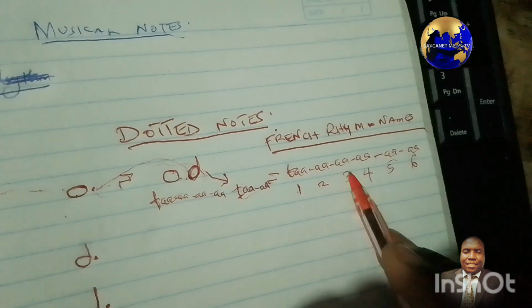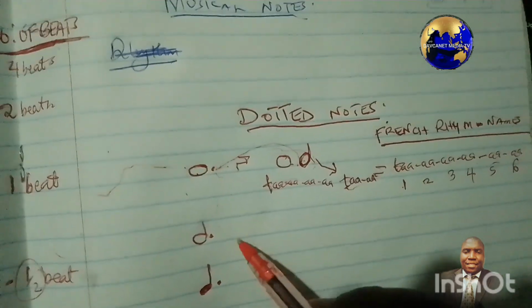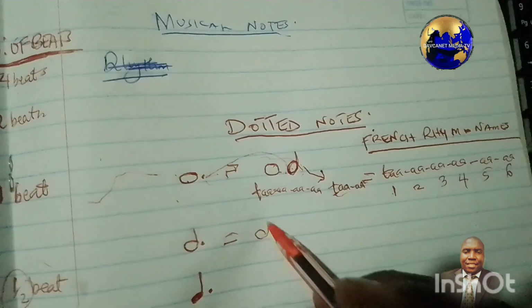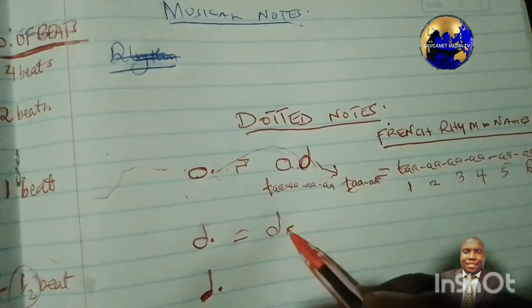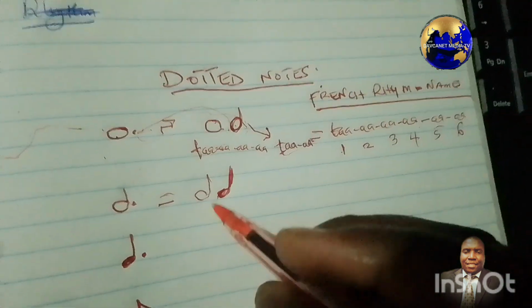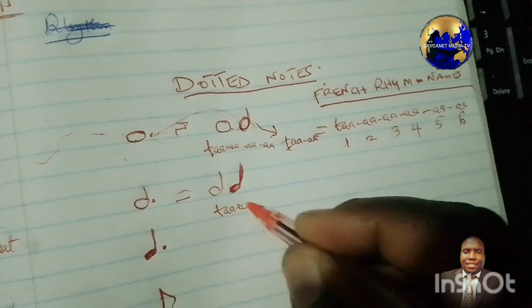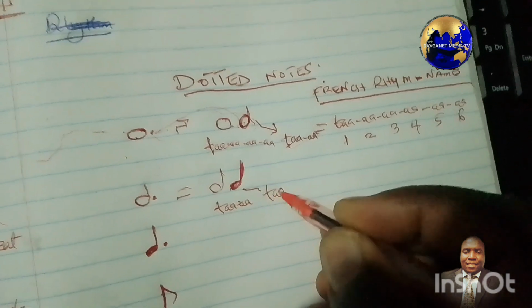A dotted minim is written as a minim and its half, which is a crochet. The French rhythm names of these two notes are ta, a, and this is ta.